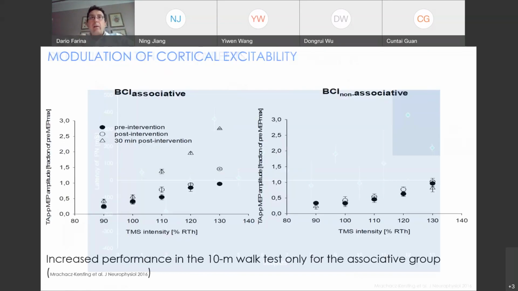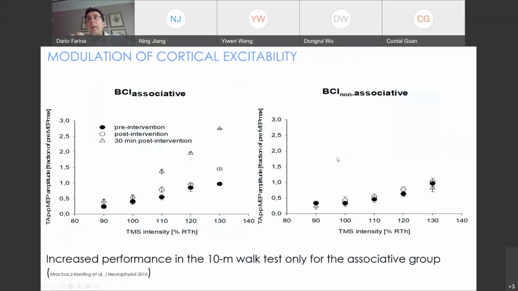And here is the result of this study in chronic stroke patients. And the main result is again that the group of patients who went through the associative BCI with the precise timing, as for the basic physiological investigation that we have done in healthy individuals, shows after the intervention an increase in cortical excitability, as shown again by the stimulus response curve.